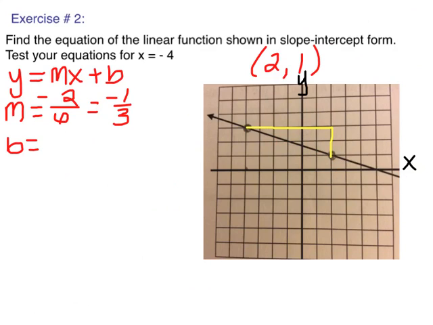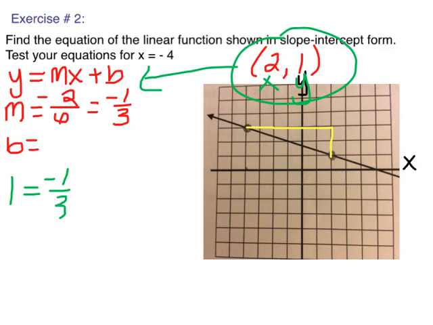Now, let's remember what that point is. That point is my x and my y. So I'm going to use this information and plug it into that formula. I'm going to have 1 equals negative 1/3 times 2.